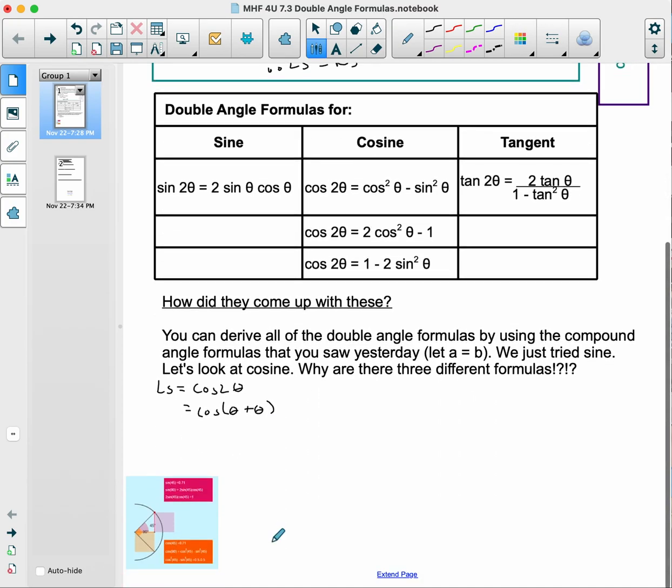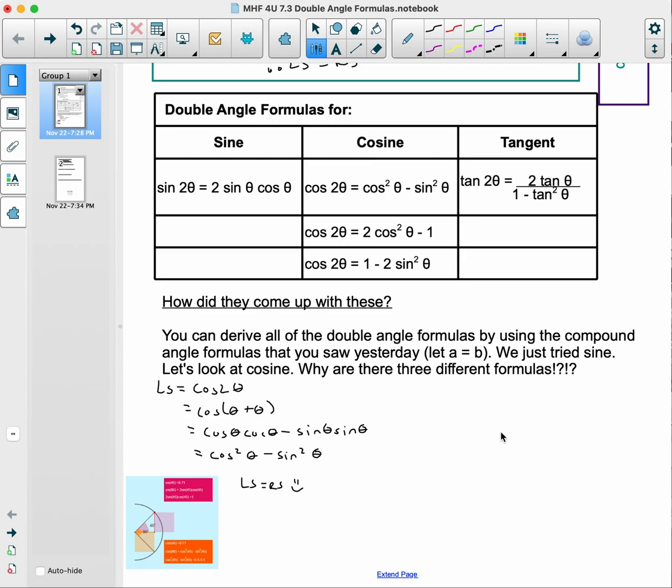And then my compound angle formula was cos A times cos B, minus sine A sine B, but A and B are equal. So that first one comes just from plugging in to the formula that you saw yesterday on your handout. So that's okay. Left side equals right side. Life is good. The other two just come from using basic trig identities.